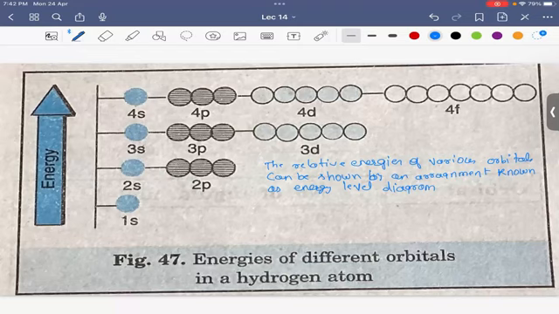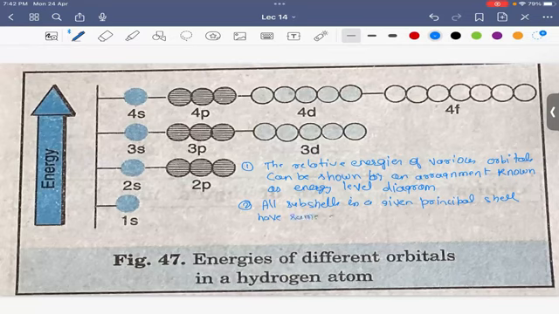It is clear from the figure that the energies of various orbitals in the hydrogen atom depend only upon the value of the principal quantum number and are independent of the value of l. In other words, all subshells of a given principal shell have the same energies. So the order would be 1s less than 2s, which is equal to 2p, 3s equal to 3p, 4s equal to 4p, 4d, 4f, and so on and so forth.